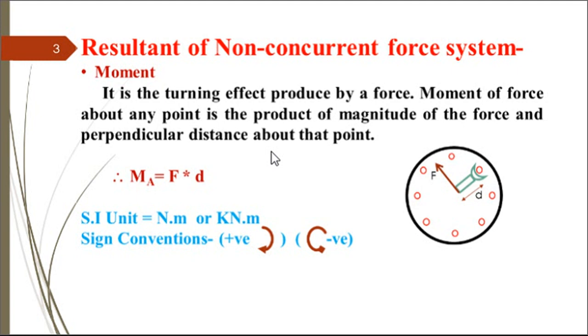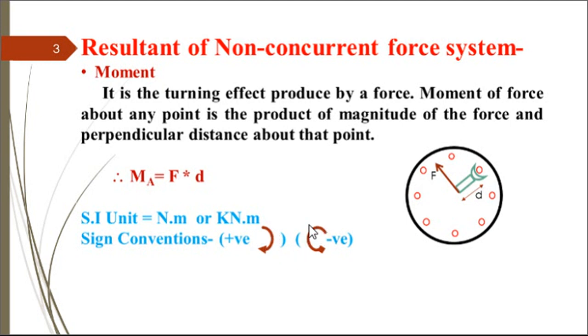So moment at any point is equal to force into that perpendicular distance. The unit of moment is Newton meter or kilonewton meter, and the sign conventions are considered in terms of clockwise or anti-clockwise. So if it causes clockwise moment, it is positive.